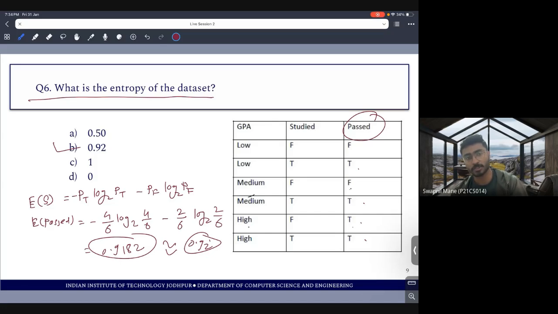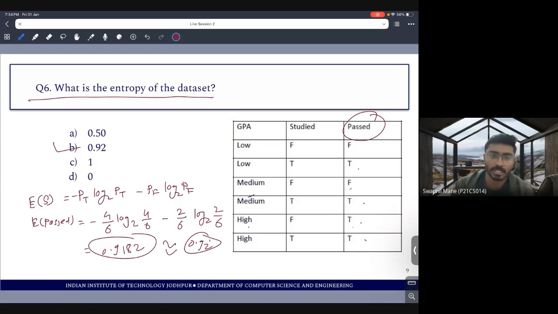Considering this pass attribute, we have to find its entropy. What is the entropy formula here? That is the same we have discussed here: minus the probability of true into the log to the base 2 of the probability of true, minus the probability of false into the log to the base 2 of the probability of false.